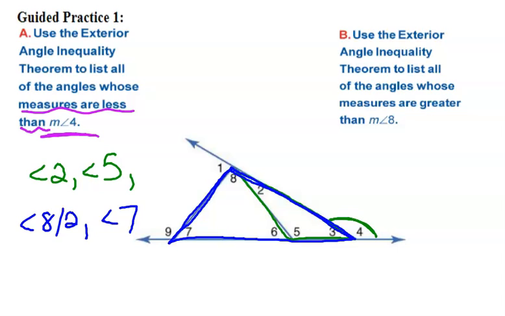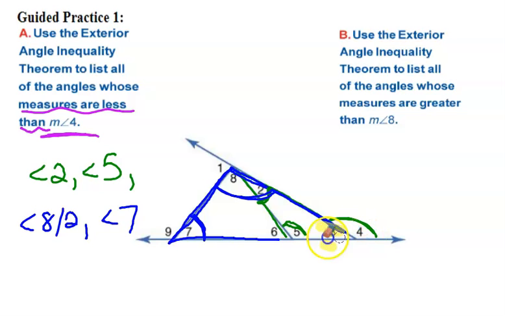So in the green triangle example, it's 2 and 5 right here. And then in the blue triangle, it's 2 and 8 together, and then angle 7. So angle 3 would not count. That is right next to angle 4. That's a linear pair with angle 4. That is not what the theorem talks about. So that's why angle 3 would not be in the situation.